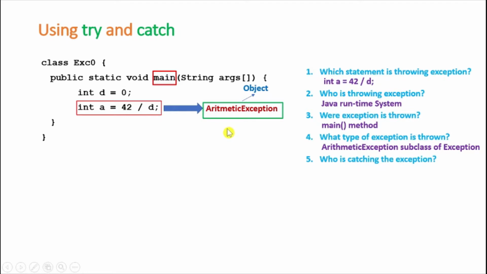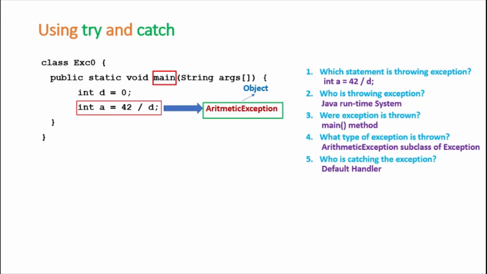Question number 5. Who is catching the exception? Since in our program we are not catching any exception inside the main method, by default the default handler is going to catch the exception. If the default handler catches the exception, the program halts its execution.